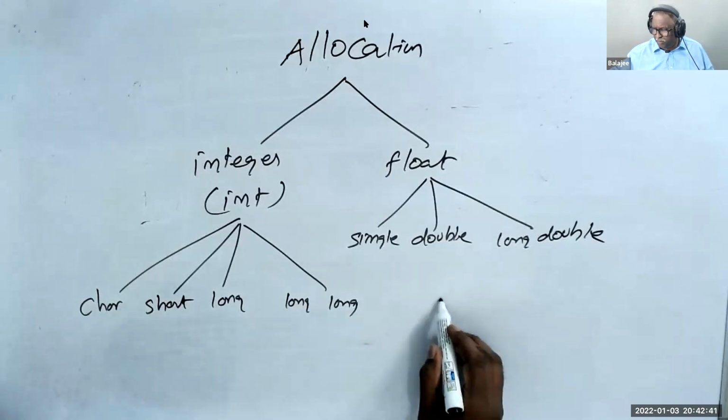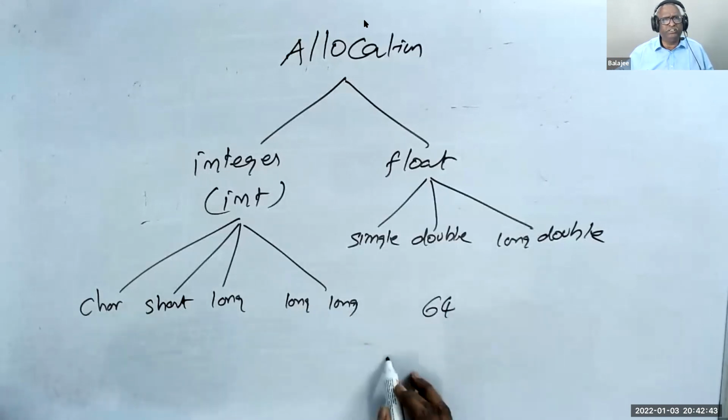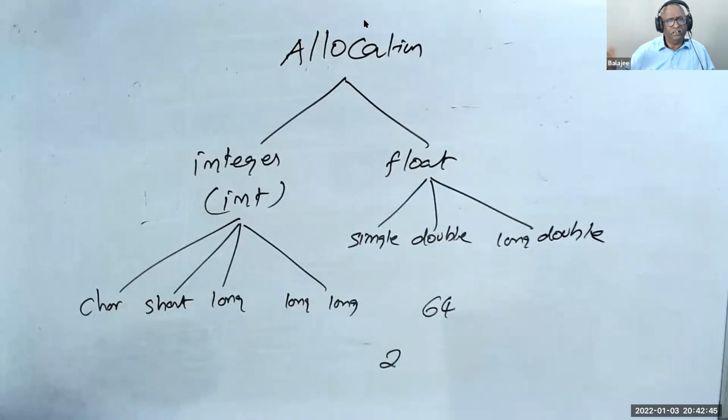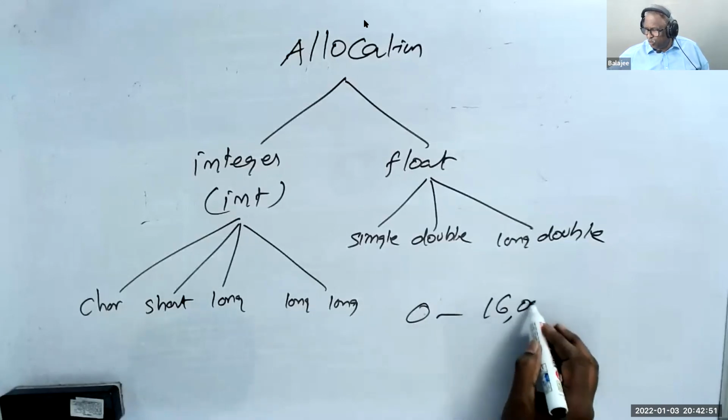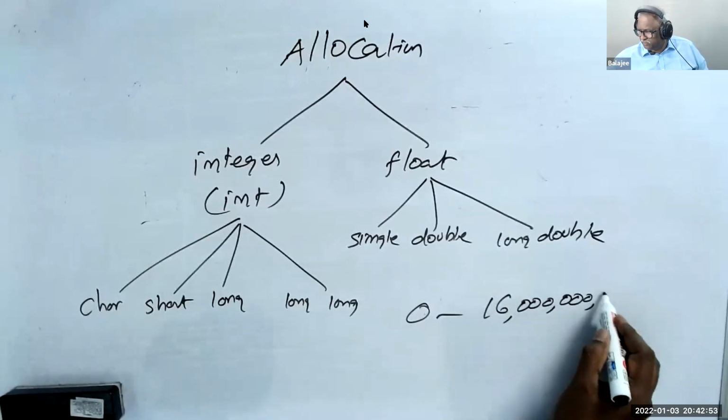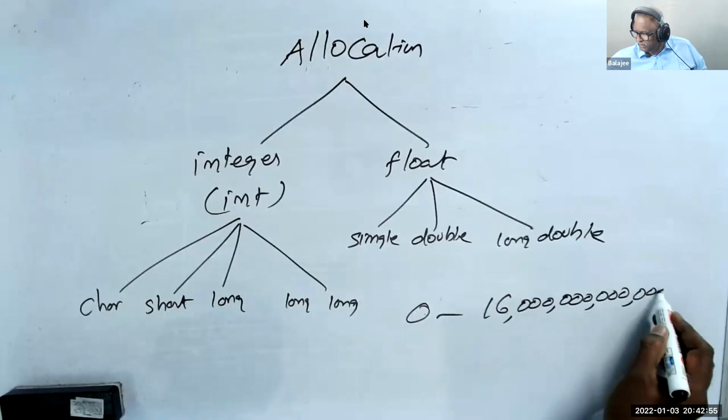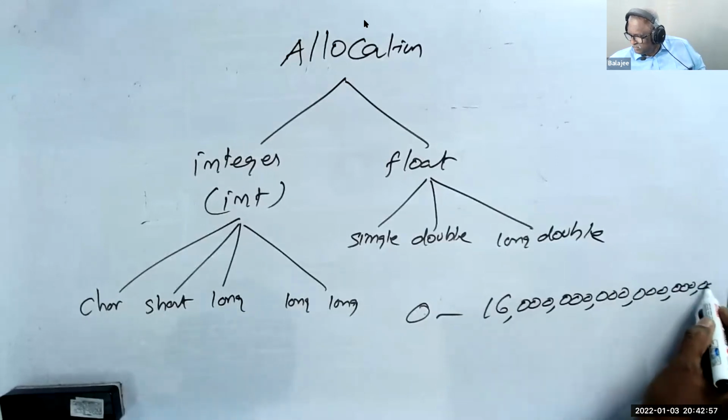Long means 64-bit. 2 power 64 is that big. Sorry, it's 0 to 16 followed by 18 zeros. I think I made a mistake, I put 8. It's 16.